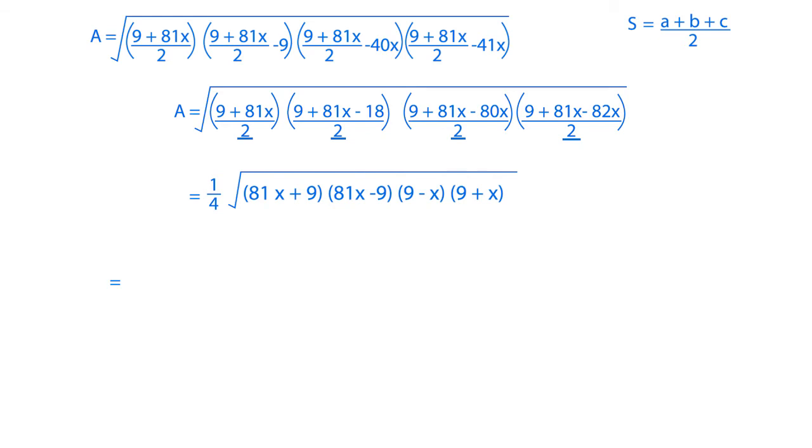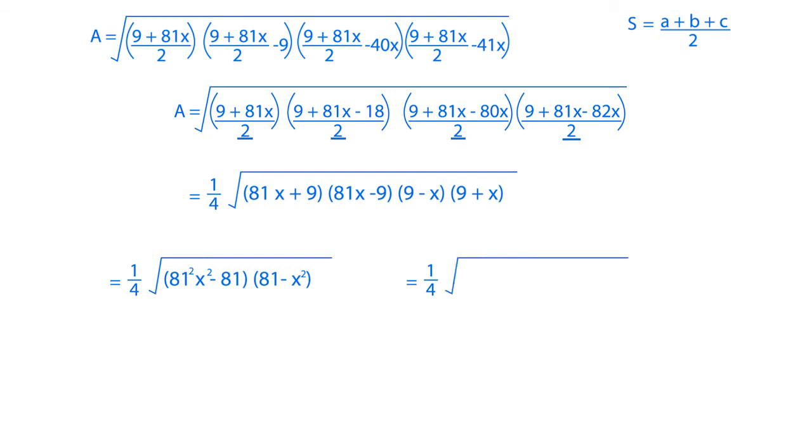And then what we can do, as you can clearly see, is combine these. This becomes 81 squared x squared minus 81, and this one becomes 81 minus x squared. At this point we can manipulate this a little bit because it will help us in the next step.